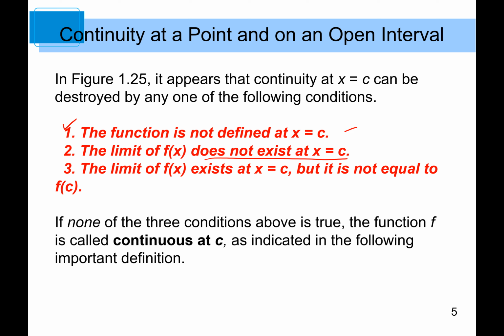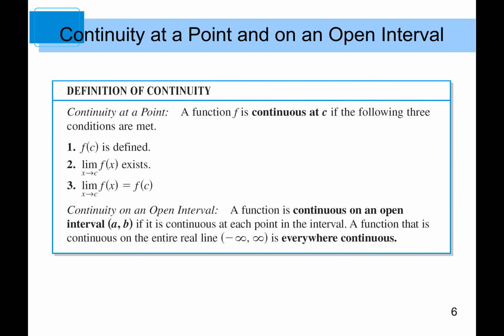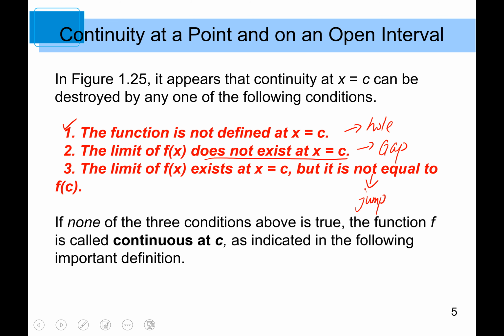So this is a hole, this is the gap, and that last one is a jump. Okay. If none of the three conditions above is true, then the function is called continuous at c, at x equals c, to be exact, as indicated in the following important definition.